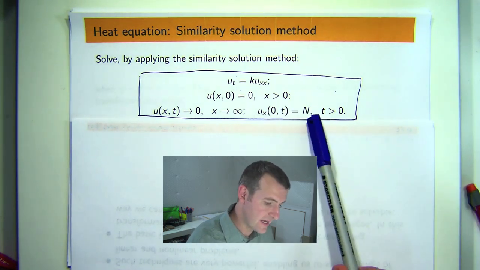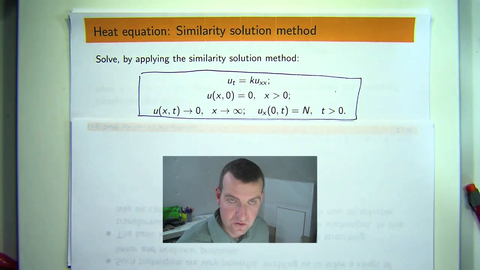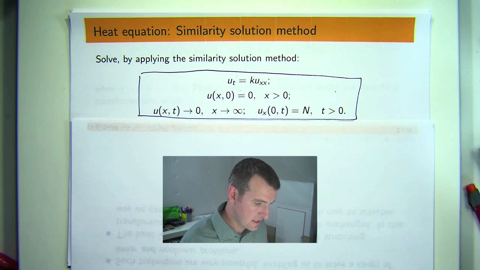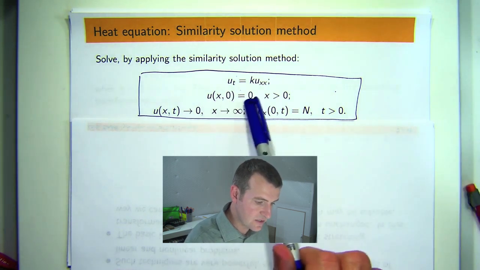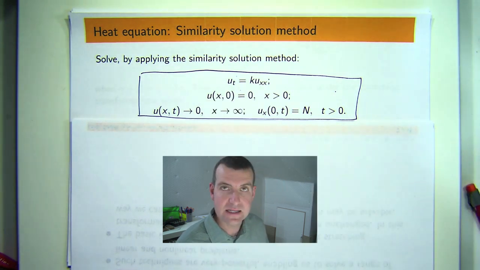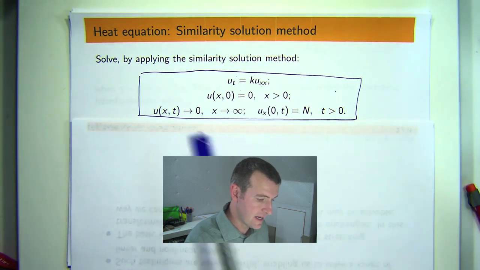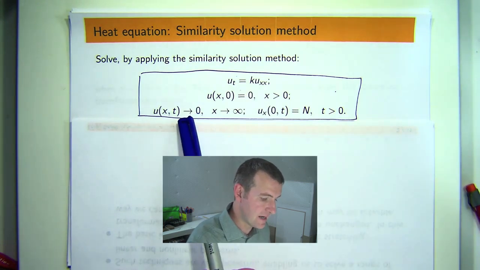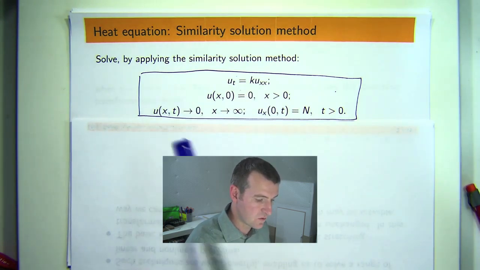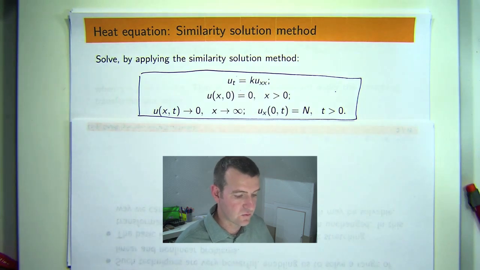So we've got a derivative and n is just some known constant. You can see also here that when t equals 0, the initial temperature in the bar is 0, and the temperature approaches 0 as we move towards positive infinity along the x-axis.